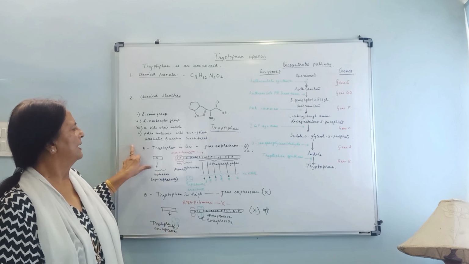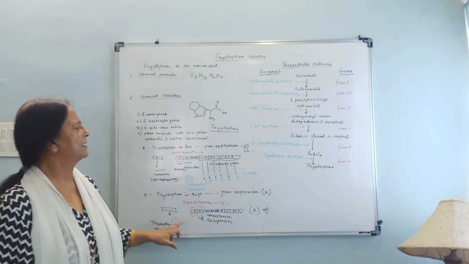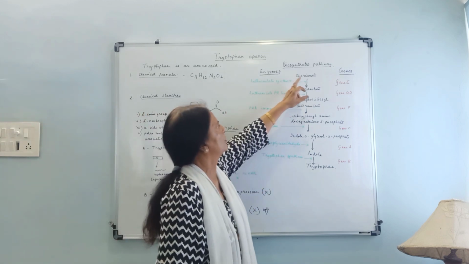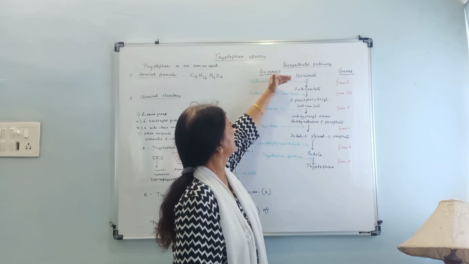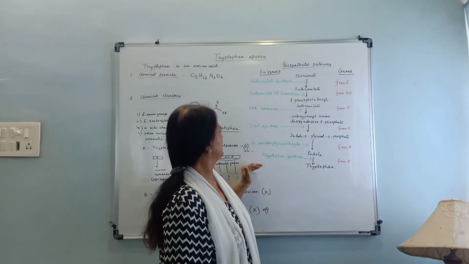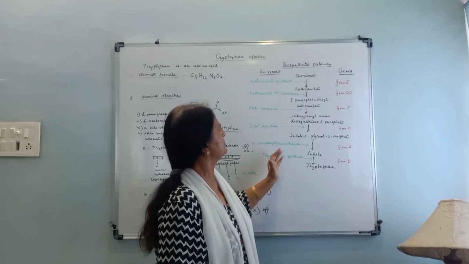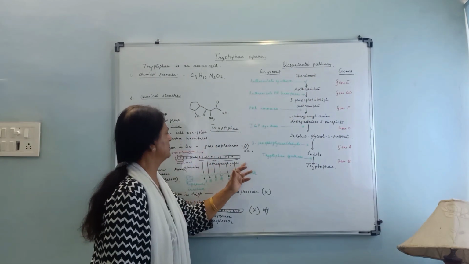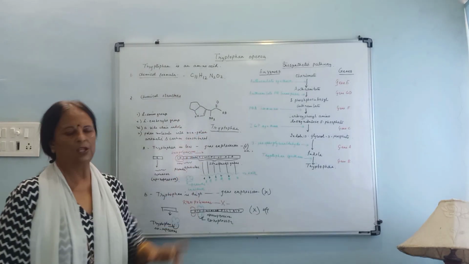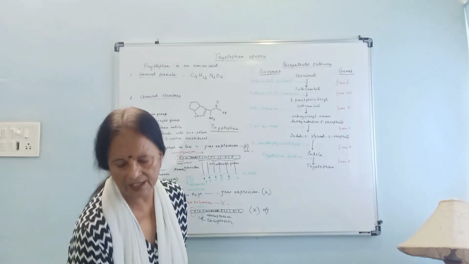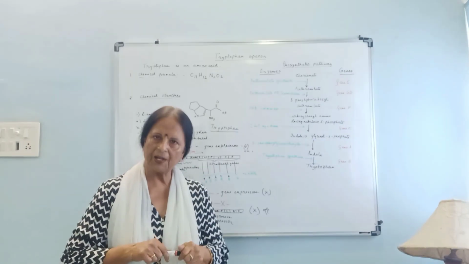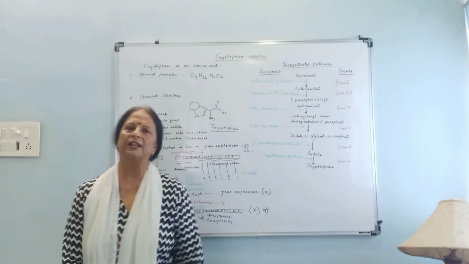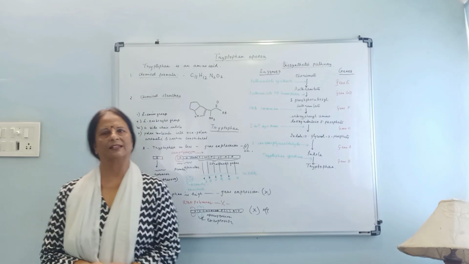And this is an anabolic operon because it is the synthesis of the tryptophan from chorismate that is catalyzed by these 6 enzymes, and these enzymes are encoded by these genes which are forming the structural genes in the tryptophan operon. So tryptophan operon is a negative repressible and anabolic operon. So the tryptophan attenuation I will describe in the next video.